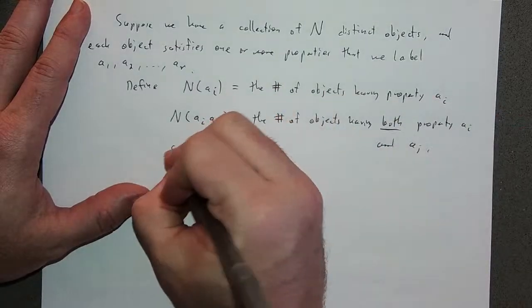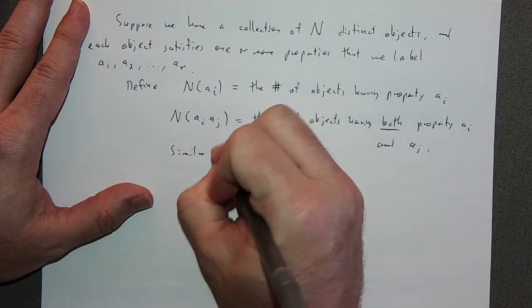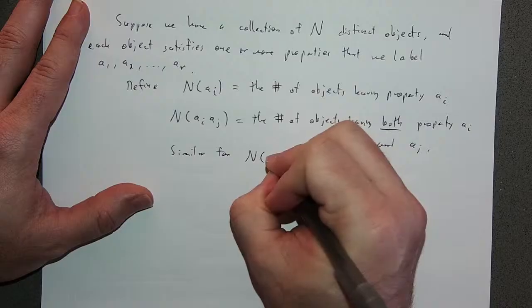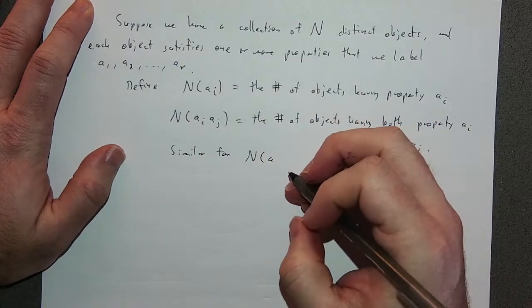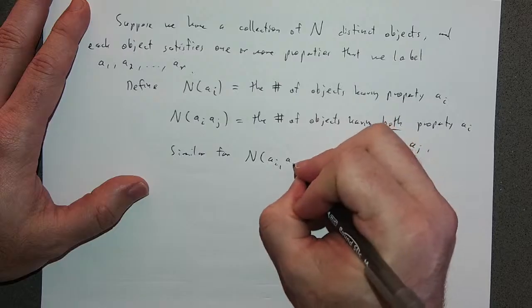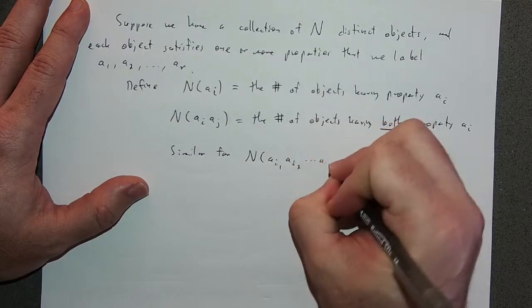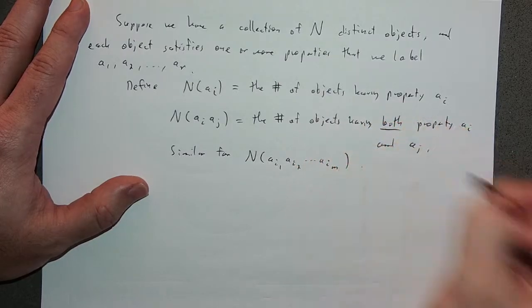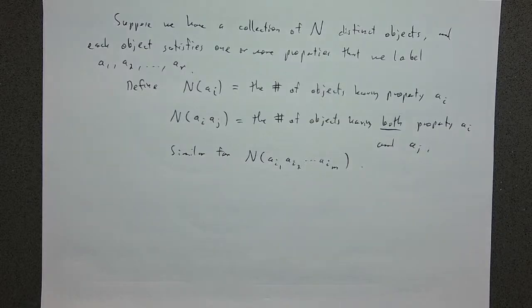And similarly for any of these. So let's say A sub I sub 1, A sub I sub 2, out to A sub I sub m. You define them similarly. Okay, so this would be the number of objects having all of these m properties, right?